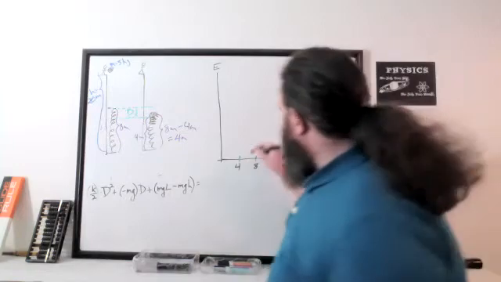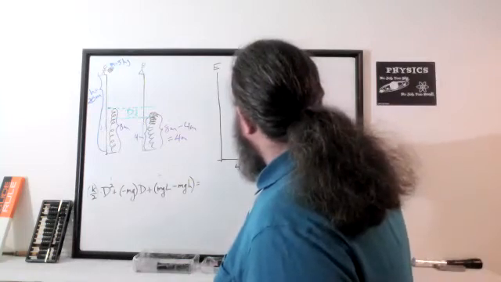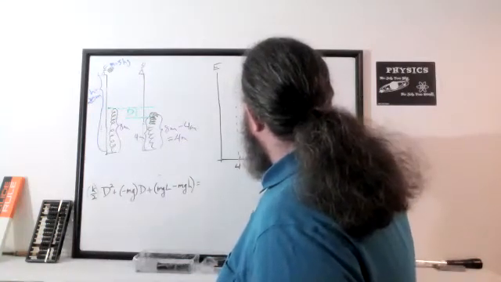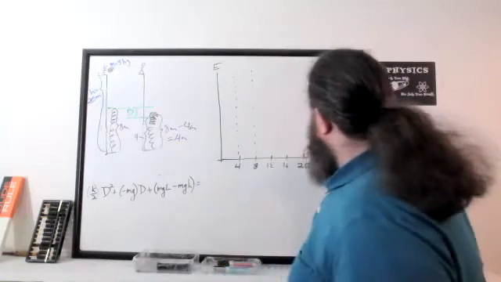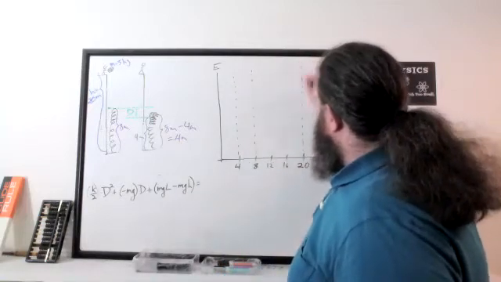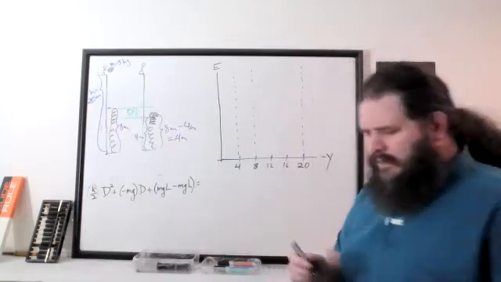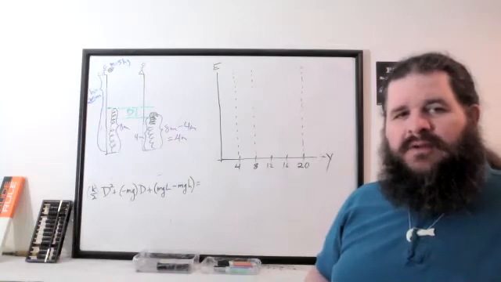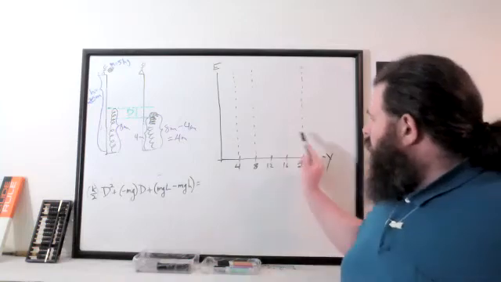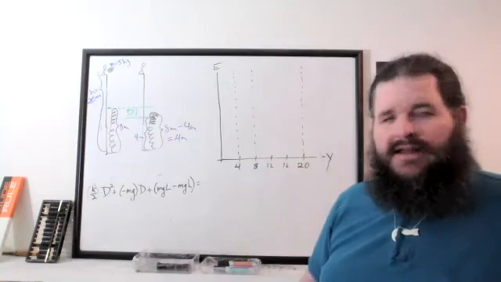So 4 meters, 8 meters, and 20 meters, some very important stuff is happening. And let's see if we can graph some of these energies. We're going to want to graph the potential energy of gravity and the spring potential energy, of course, but also in between, we do care about the kinetic energy.